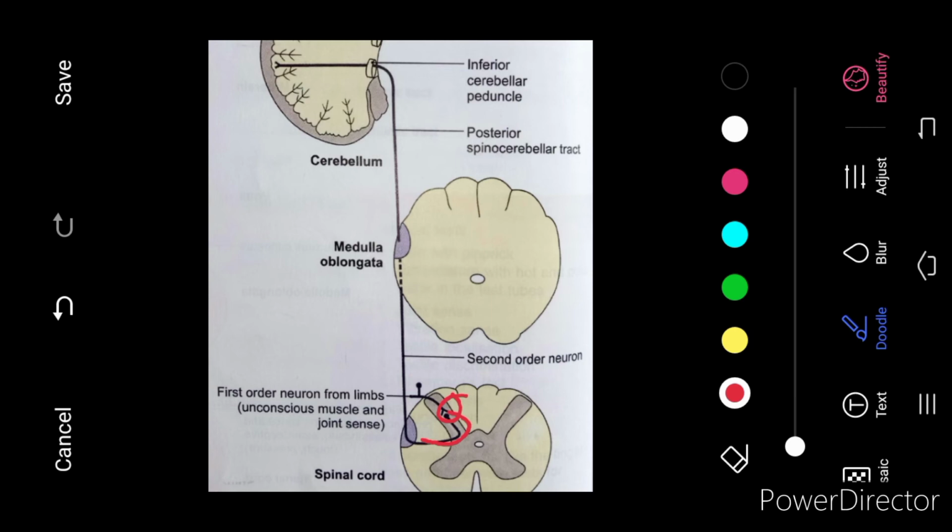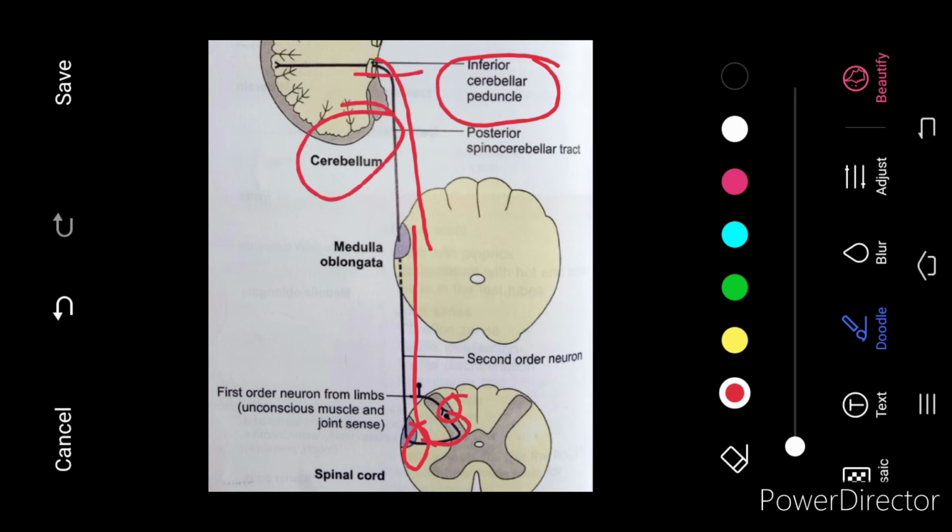After ascending in the lateral column of white matter in the spinal cord, it ascends to the level of medulla oblongata, where its fibers pass through the inferior cerebellar peduncle, and finally it reaches the cerebellum. So this was all about the dorsal or posterior spinocerebellar tract.